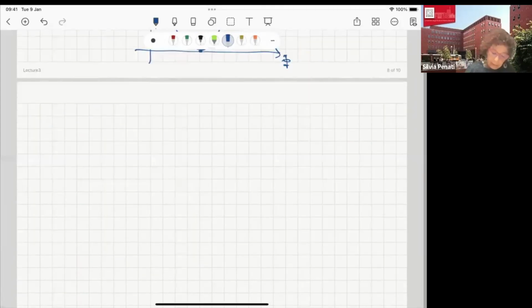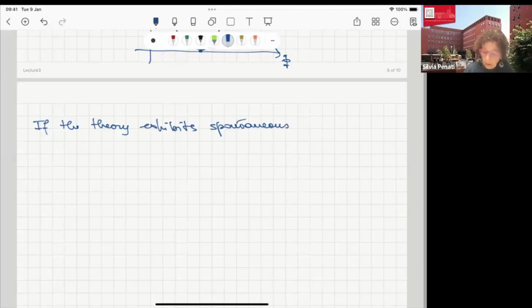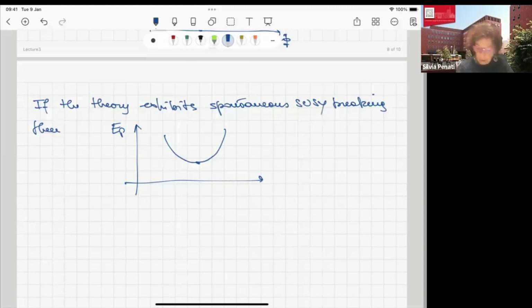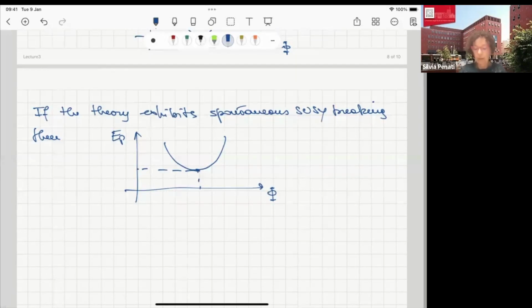In fact, if the theory exhibits spontaneous SUSY breaking, which means that the vacuum state is no longer killed by Q and Q bar, then the potential energy has to be of this form, has to be positive as usual, but the minimum of the potential energy is no longer 0. Okay, so you have a criterion to understand whether there is a spontaneous symmetry breaking.